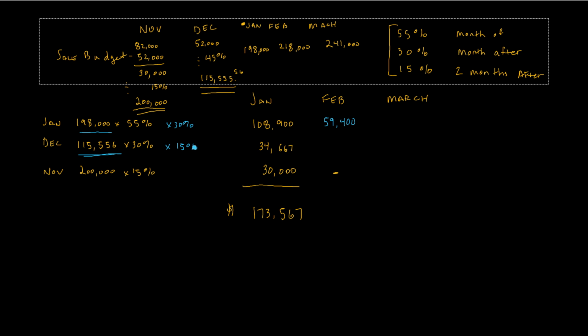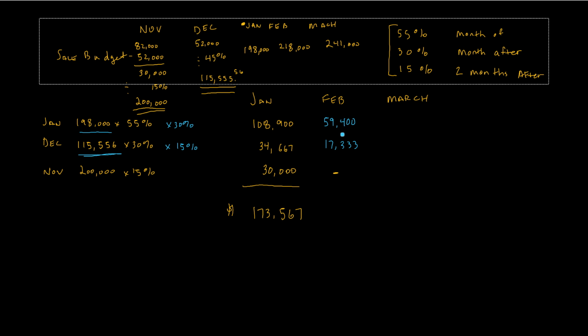So I take 115,556 times 15%. I end up with 17,333. I'm just rounding off just to keep it easier on us, okay?